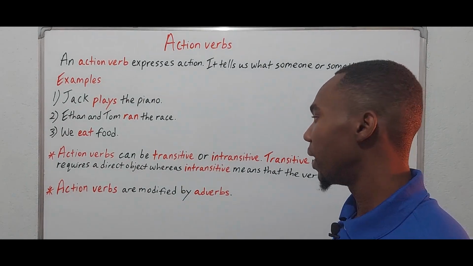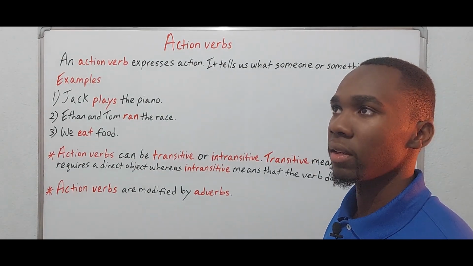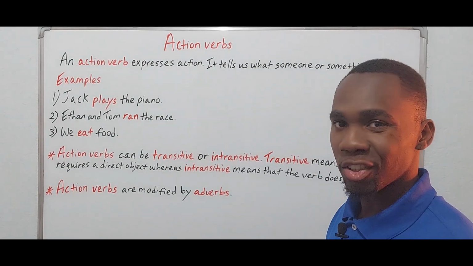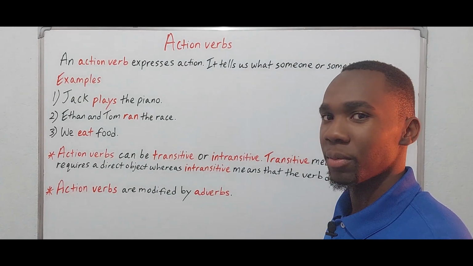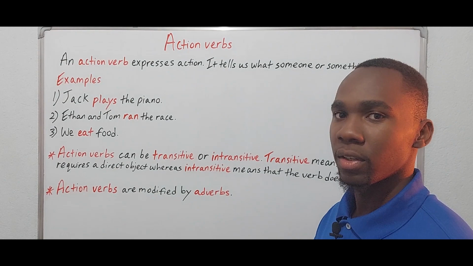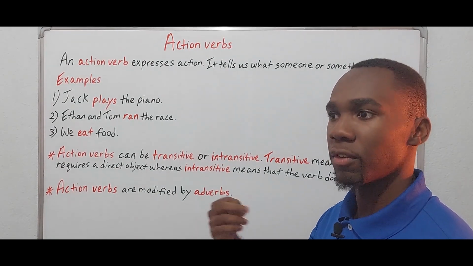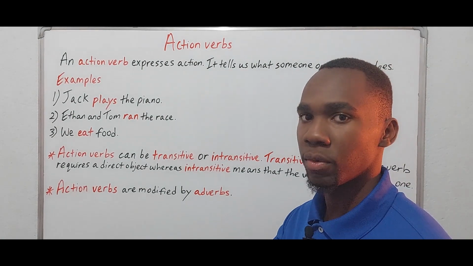Action verbs are modified by adverbs, right? So this means that if you want to describe an action, you have to use an adverb. And remember, adverbs describe the actions of verbs, right? So when we say that adverbs modify verbs, we're talking about action verbs.